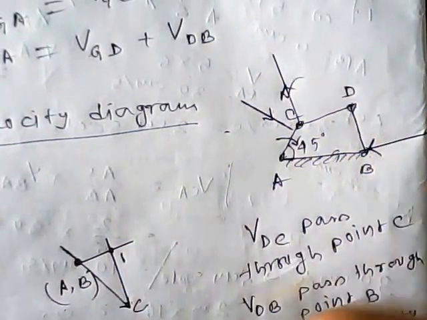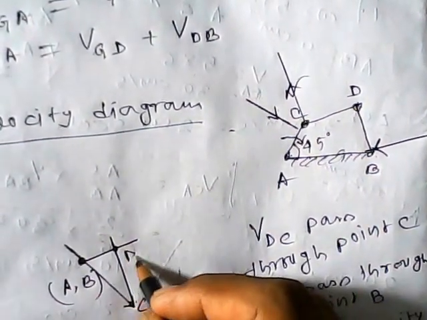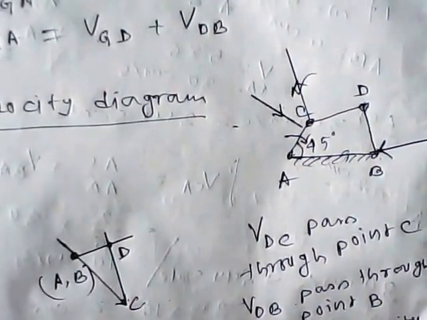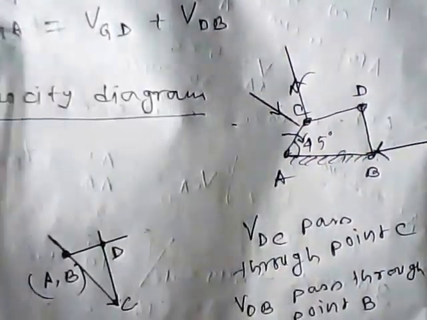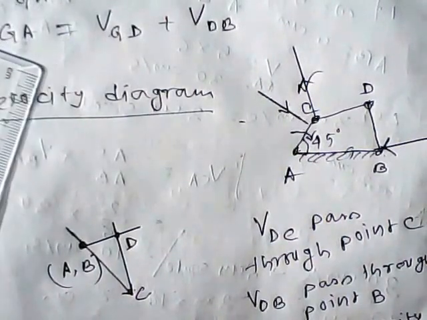These two lines intersect at the point D, that is the velocity of point D.